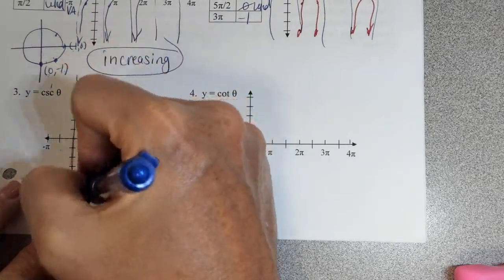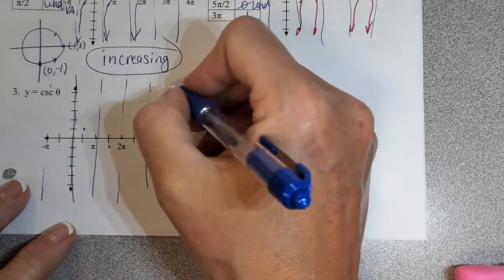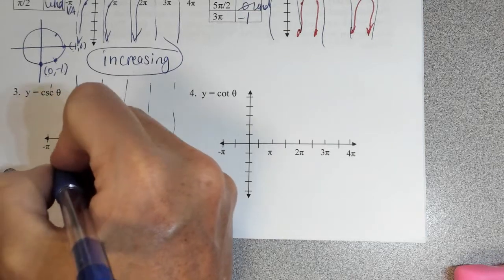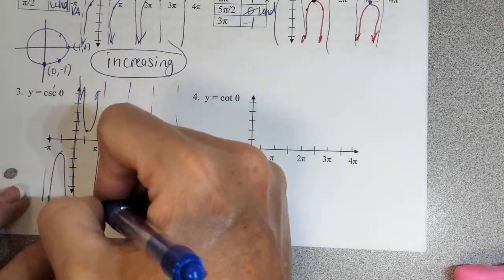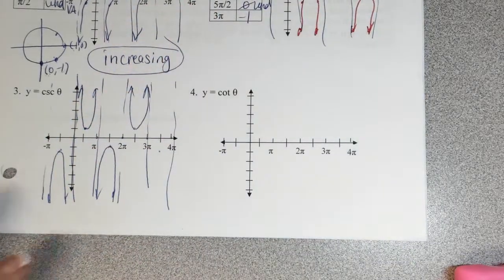So these vertical asymptotes are occurring at multiples of pi. And I'm going to go down, up. So see, you don't have to have a graphing calculator to graph these. You should have a pretty good idea of what they look like without having to graph sine and cosine and without having to use your graphing calculator.